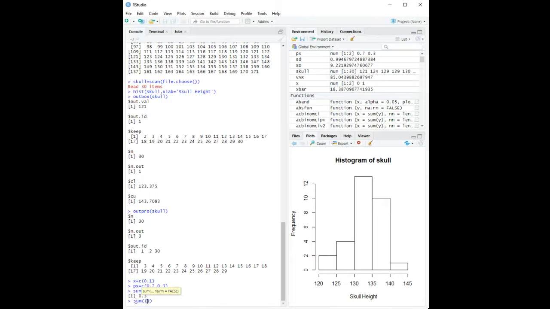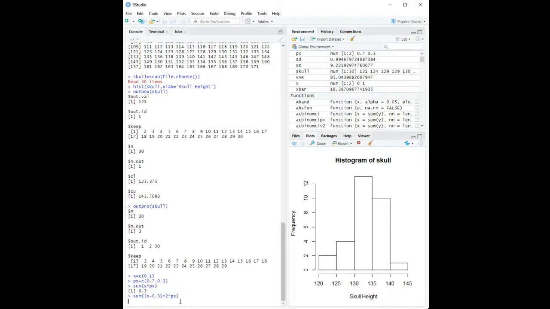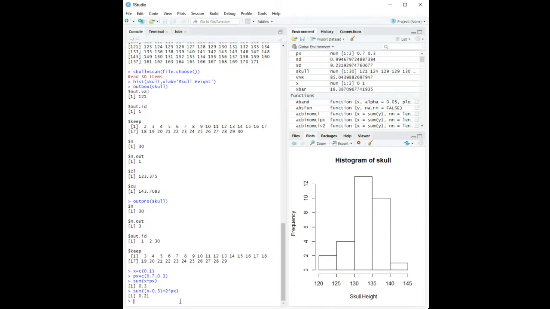We're doing x, which represents the trials, minus that 0.3, raised to the second power, times the px probabilities for number 9. Okay, so that's the 0.21. So that one is fine.